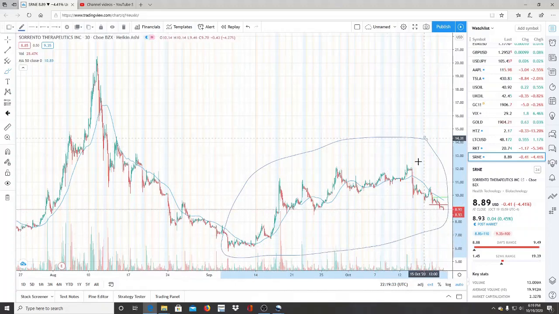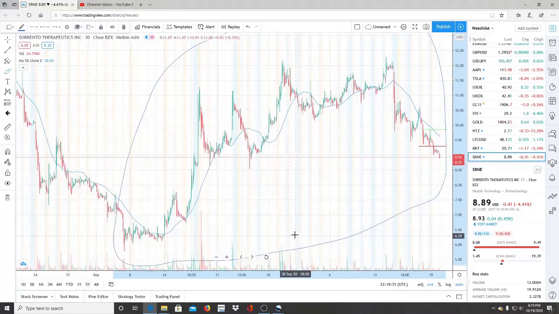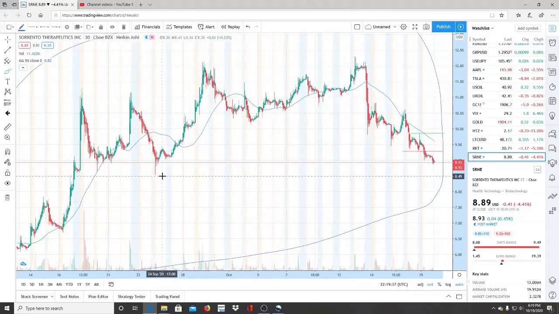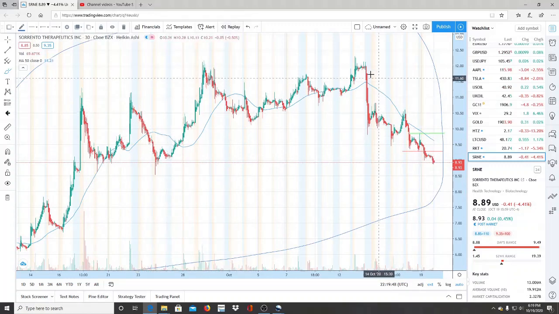There are some important numbers on this recovery I want us to pay close attention to. The lowest point reached was 8.55 in this whole bullish run after hitting the highs of $11 and some change, and then the ups and downs and the uncertainty until it started to level off.